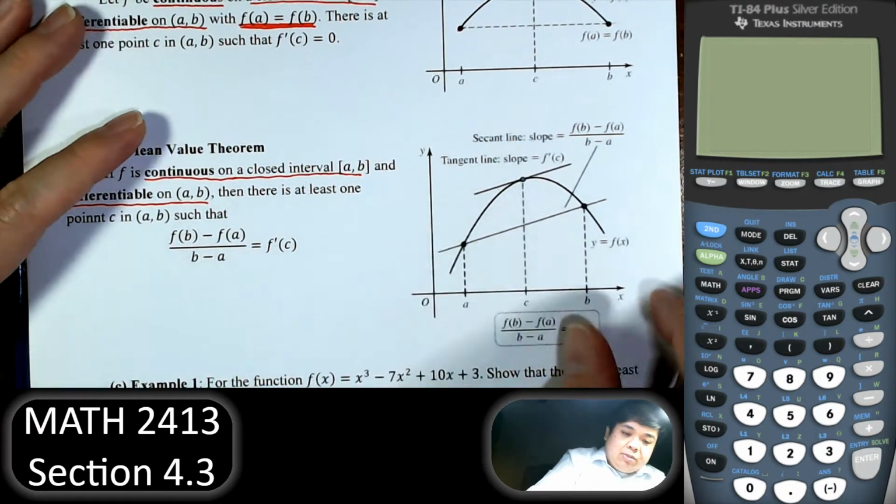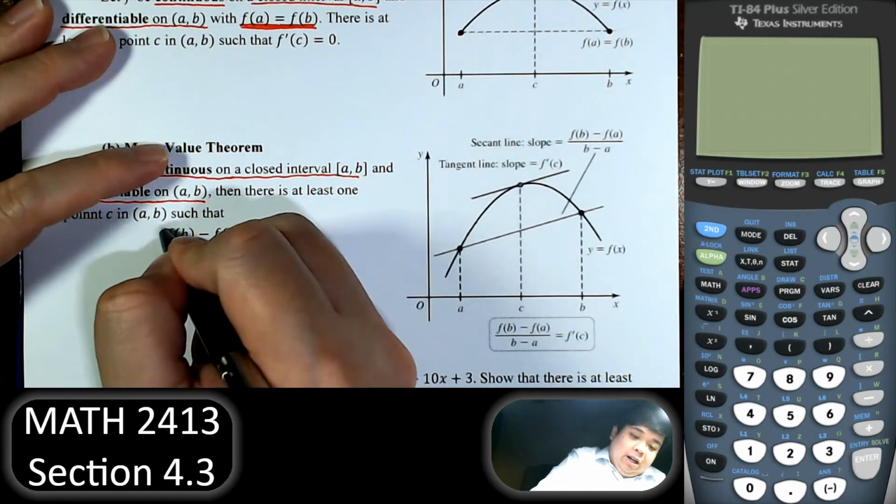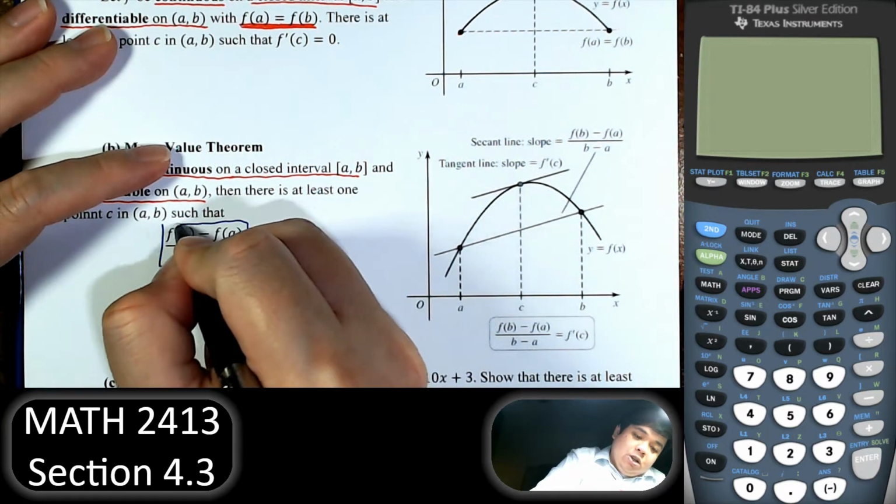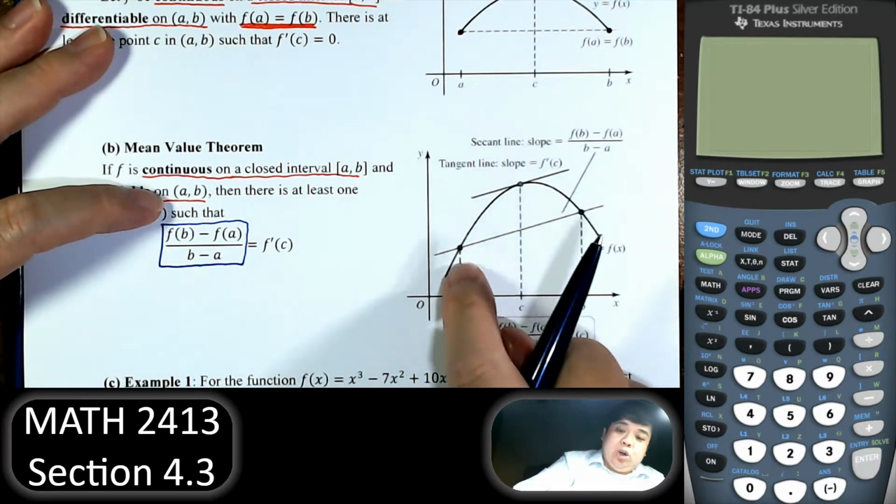I mean, by parallel, I mean they are equal, so the lines will be parallel. So in this mean value theorem, the left hand side here is the slope of the secant line to the endpoints.